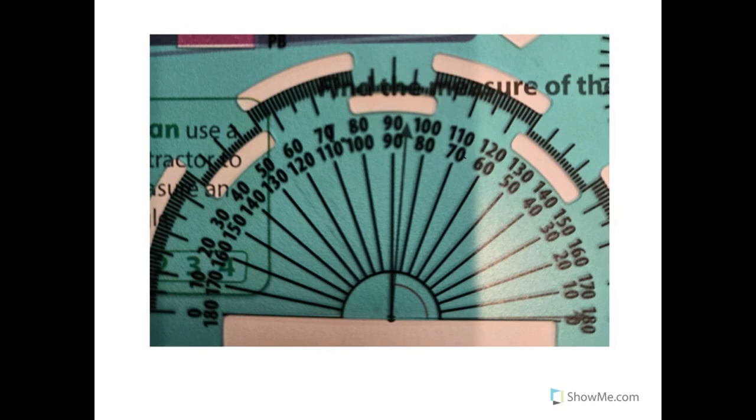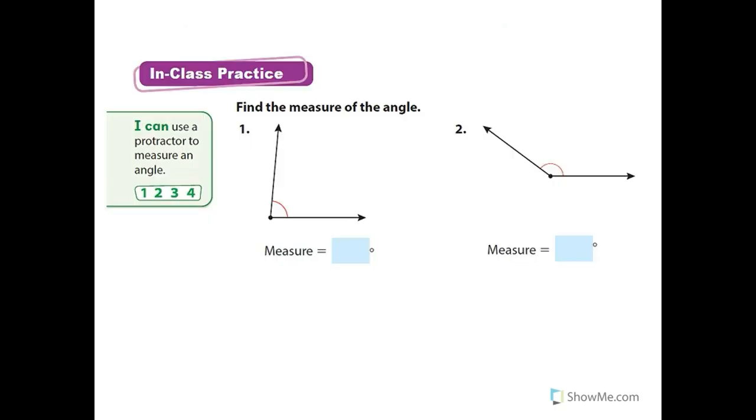We're lining up that one side, right here, and then we measure our angle here. It's between the 80 and the 90, and it's almost at 85, so let's say it's 85 degrees.